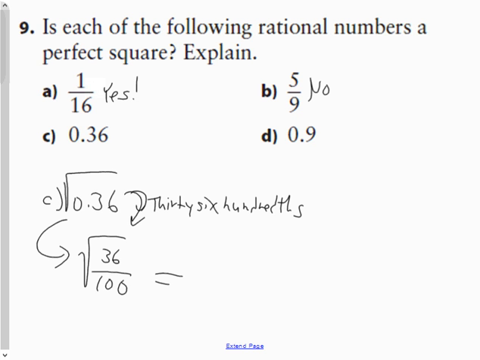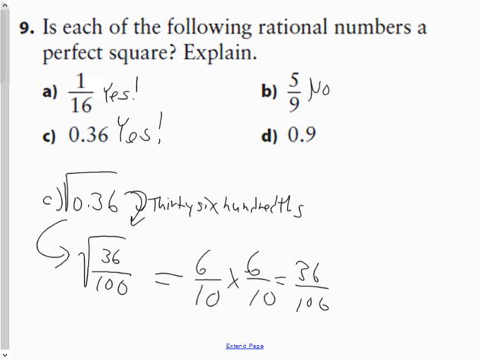And therefore, what fraction multiplied by itself is 36 hundredths? Since both numerator and denominator are perfect squares, 6 and 6 is your numerator, and 10 is your denominator. So therefore, yes, it is, and the square root would be 0.6, or converting it back again to decimal form, 6/10.